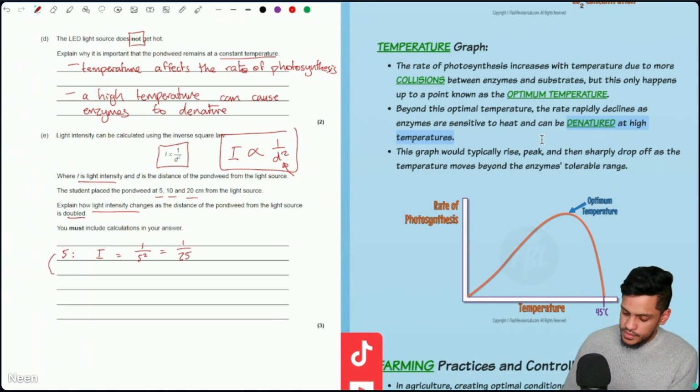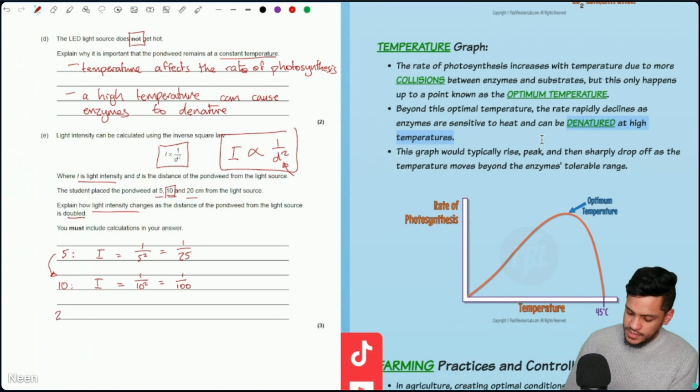Now we're going to double this and get 10 because the question says 10 centimeters. We can put that into the relationship again. 1 over 10 squared. 10 squared is 100. So that gives you 1 over 100.